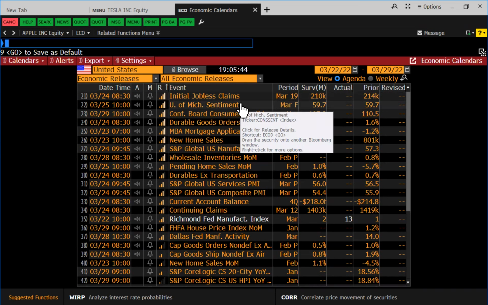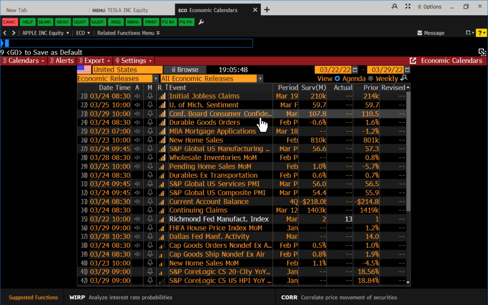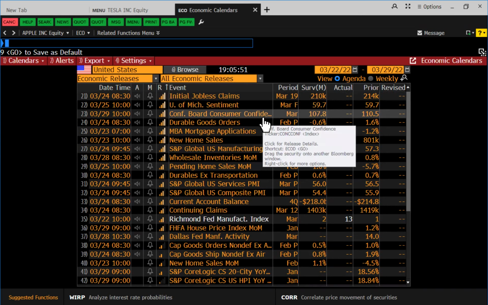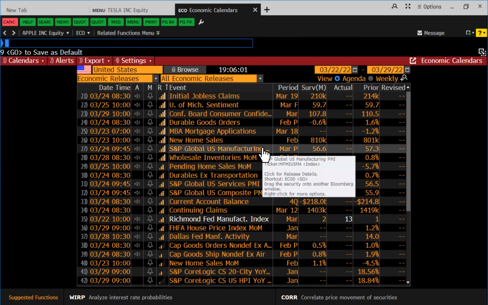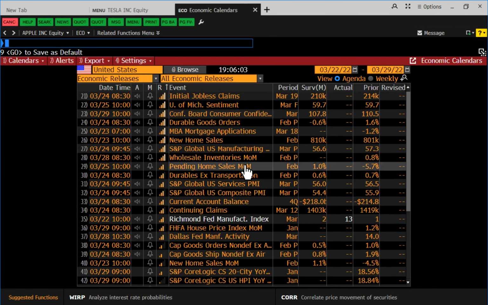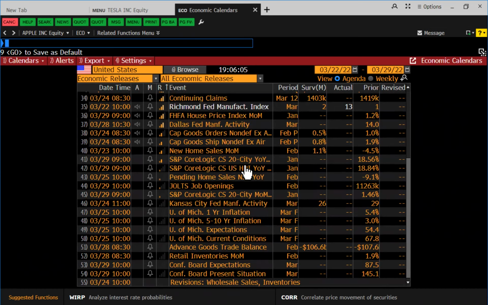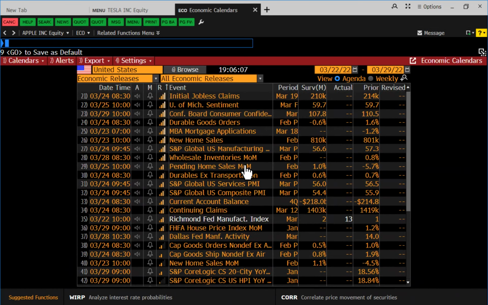Then the sentiment index produced by the University of Michigan based on some survey, and also the consumer confidence index, also relevant, very similar to the sentiment index. Durable goods orders, new home sales, manufacturing index, and also GDP is an important macro indicator.